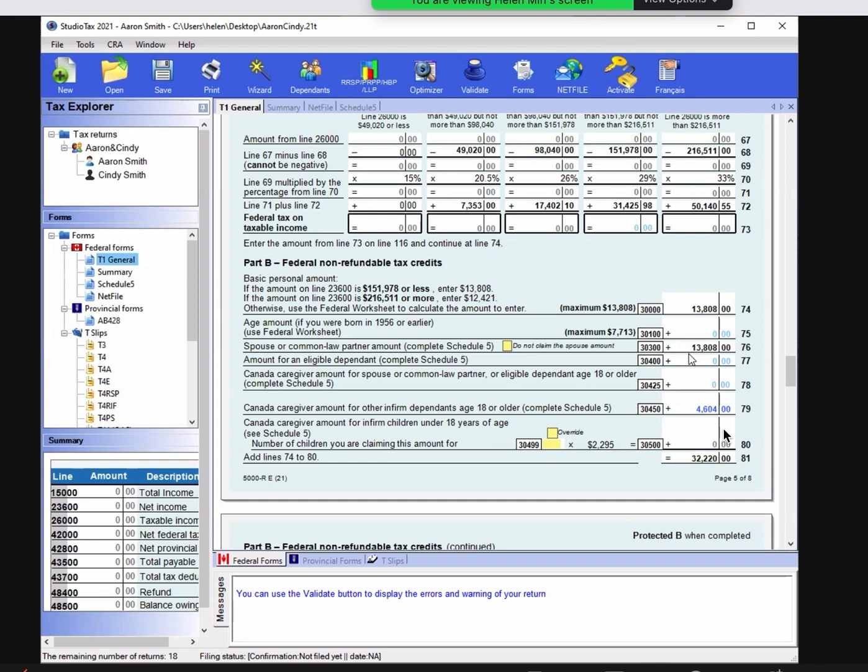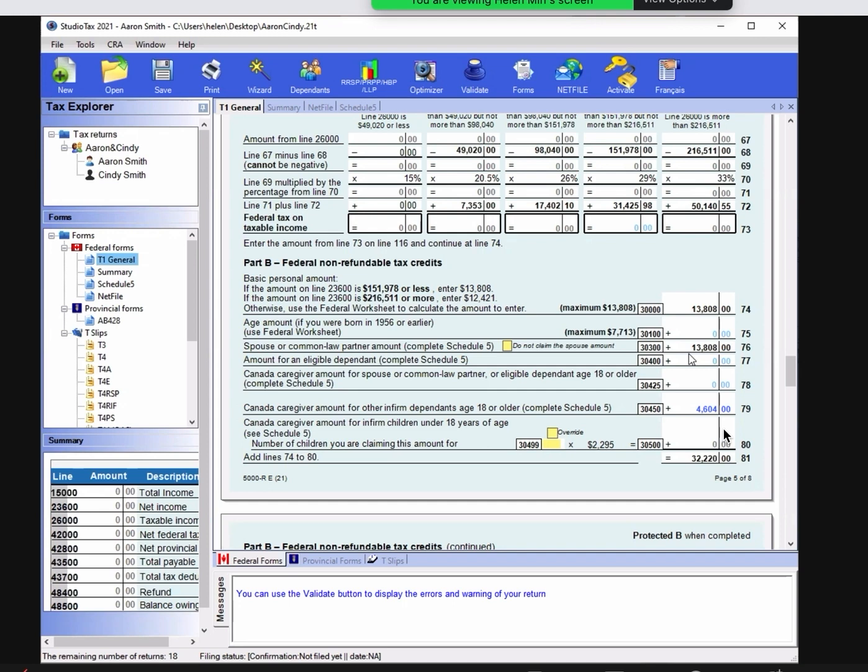You get the spousal amount right away. But for the common law amount, you need to live in a conjugal relationship for 12 continuous months. After 12 months, it's common law and you can claim this amount. This applies if you don't have children.